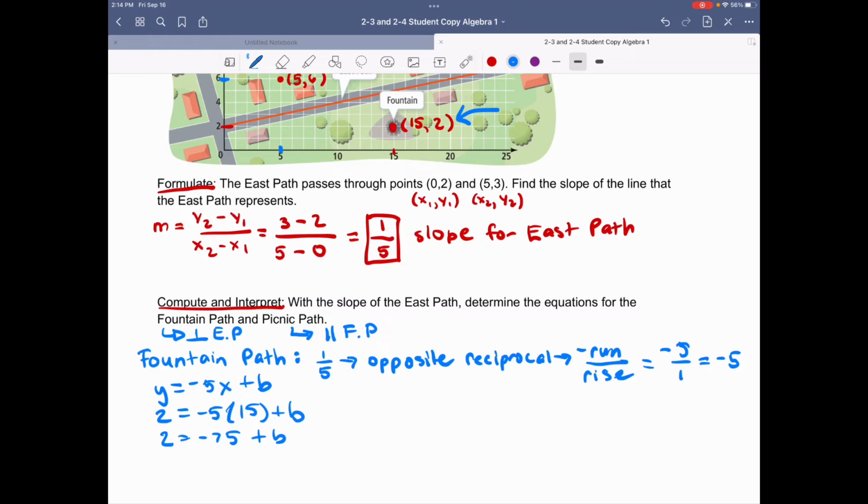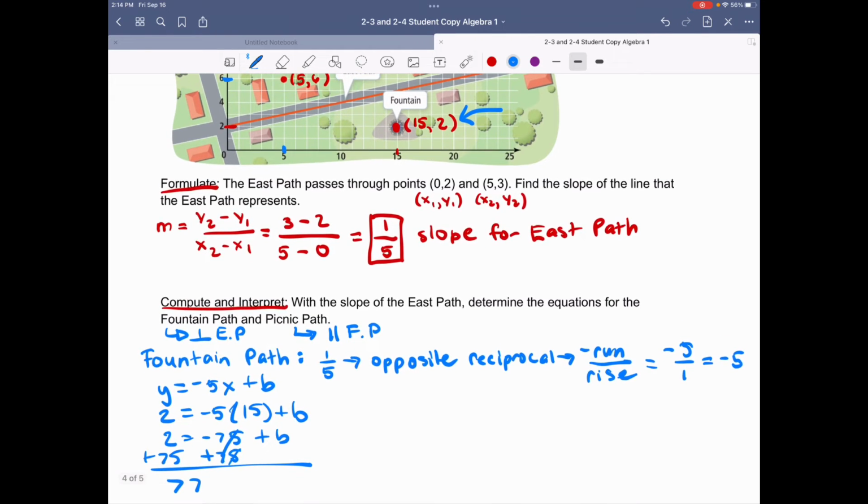And the next step is to add 75 to both sides. These two cancel each other out. 75 plus 2 is 77. And now we have our y-intercept.